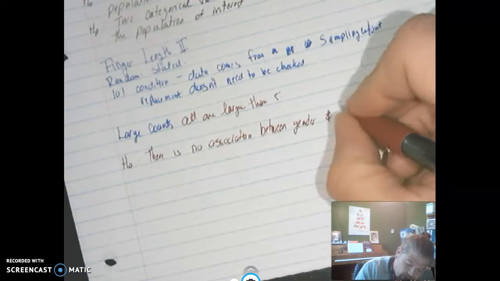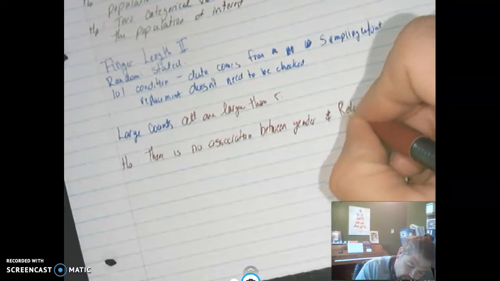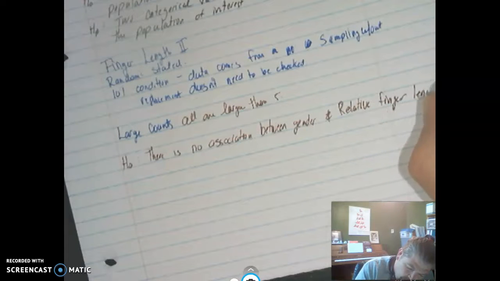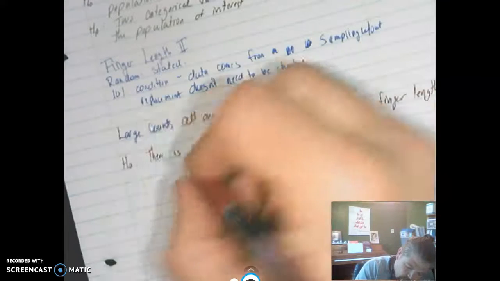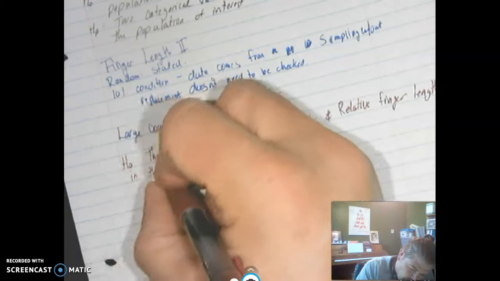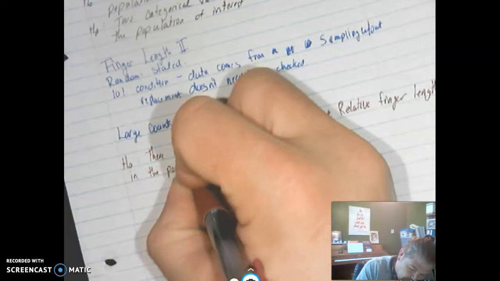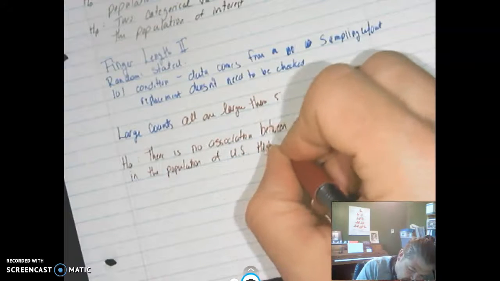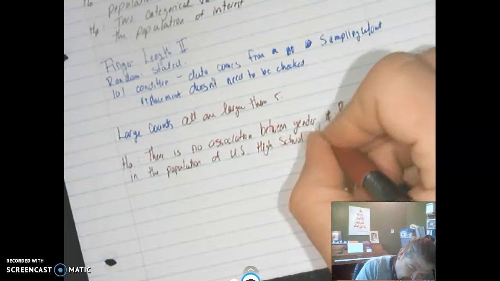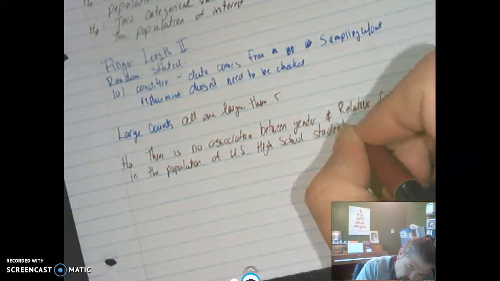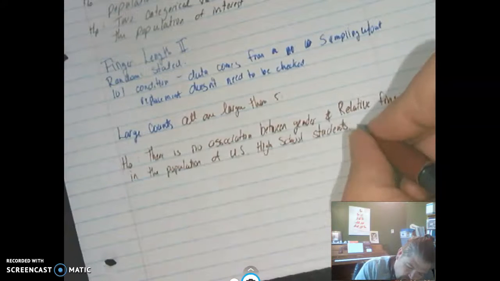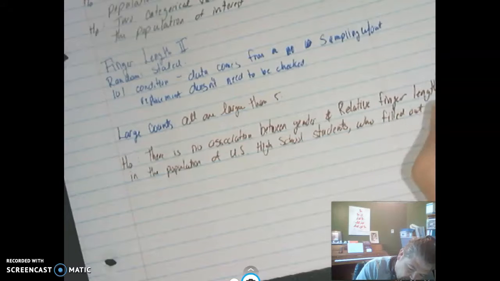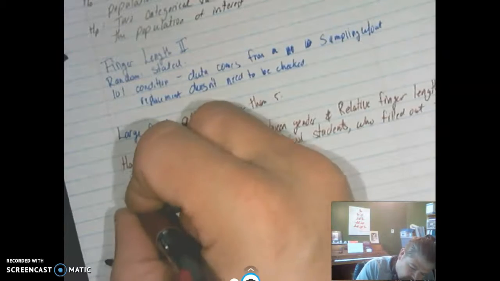Relative finger length, in the population of U.S. high school students who filled out the survey.